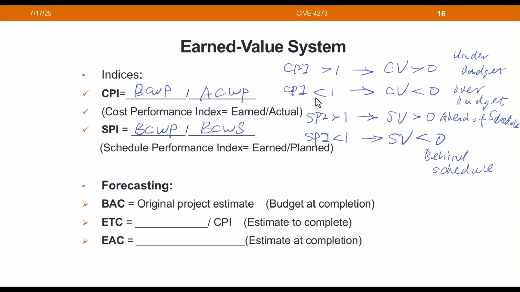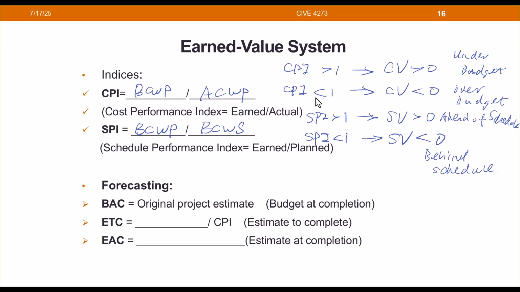One way to help you memorize these performance indexes: if you've got a CV greater than 0, that basically means positive. Positive means good things. You are in positive mode, and it is under the budget. Your cost is still behind your budget. If you've got a negative value, which is not a good thing, in this case that's over budget.